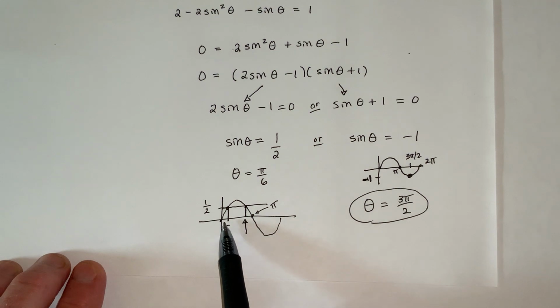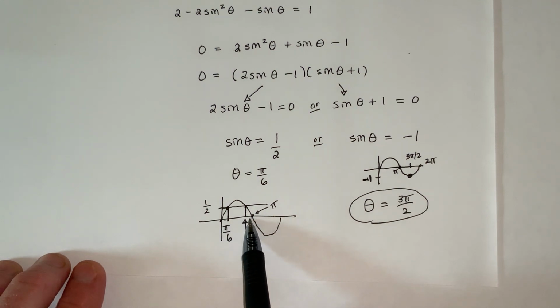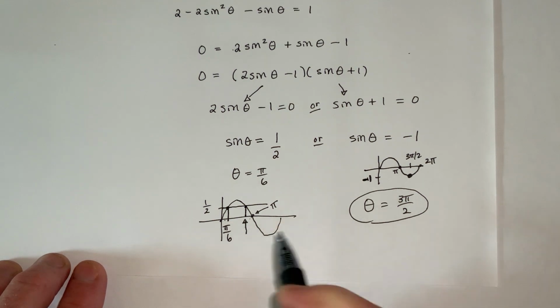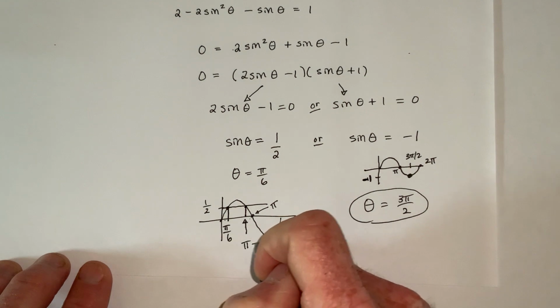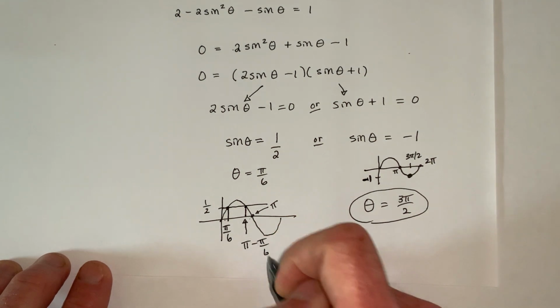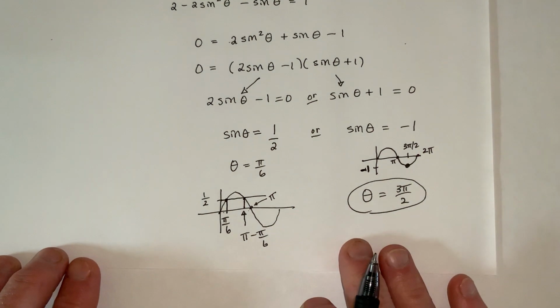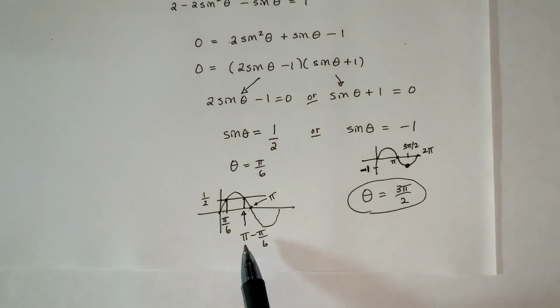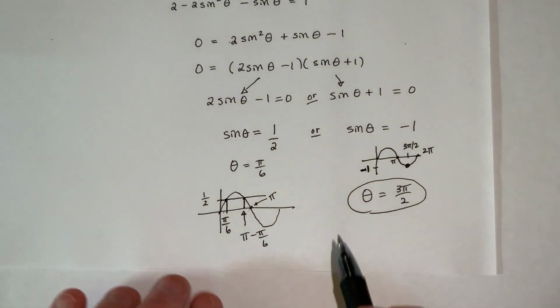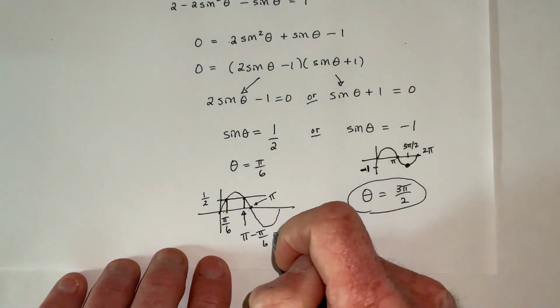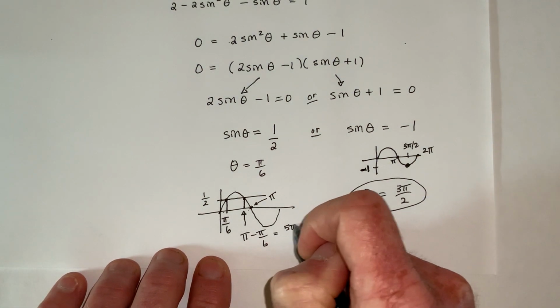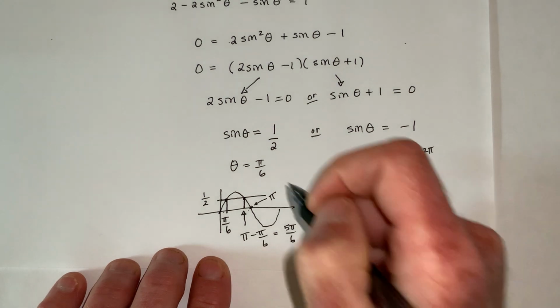And because the graph is symmetric, if this is a gap of pi over 6, then this is also a gap of pi over 6. So this solution is actually to the left of pi by pi over 6. So subtract. And if you have 1 of something and you subtract a sixth, so 1 minus a sixth is 5/6, so it's going to be 5 pi over 6.